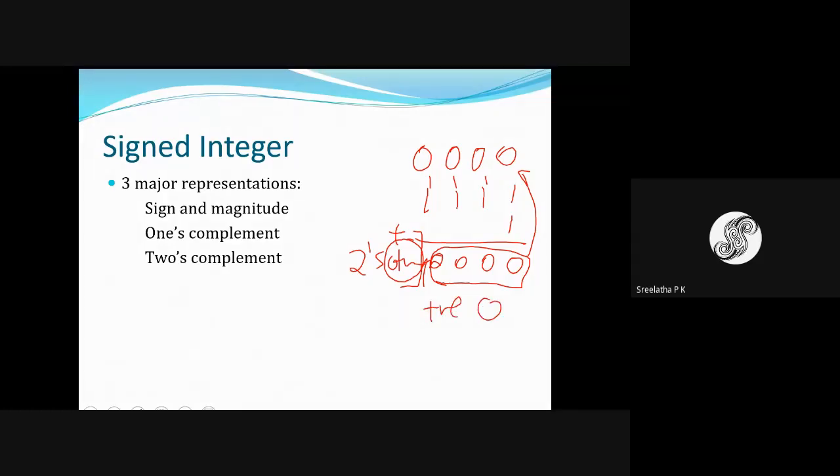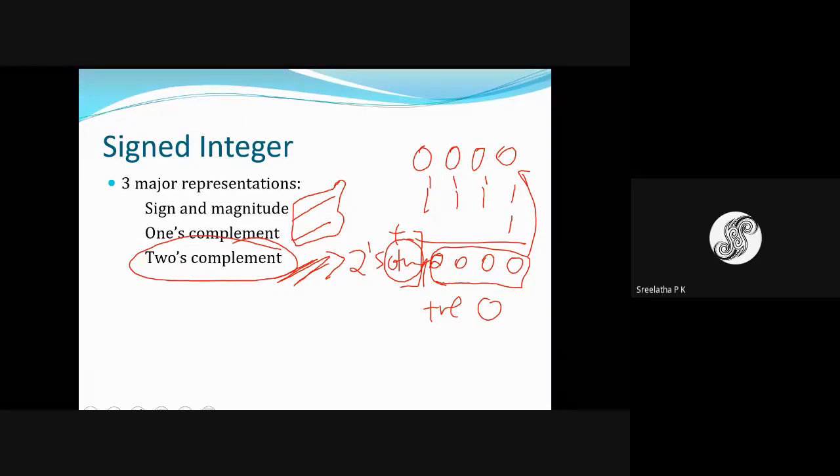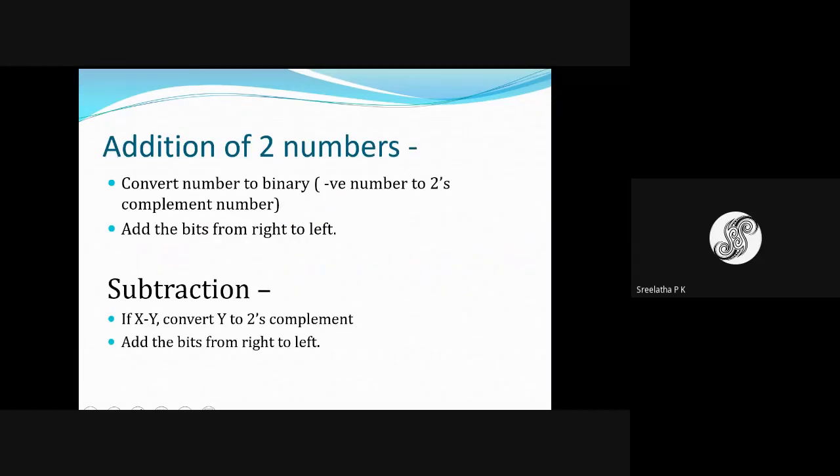Okay, and hence 2's complement is preferred and used in systems. These circuits are easier to build. Whereas sign and magnitude or 1's complement can also be used in the system, but circuit building will be a little tough. It means more gates have to be used for that circuit building. Okay, hence 2's complement is used.